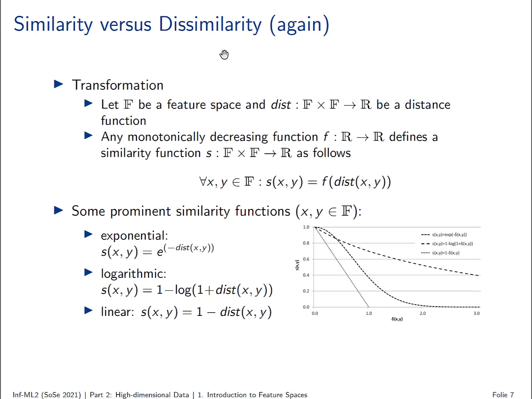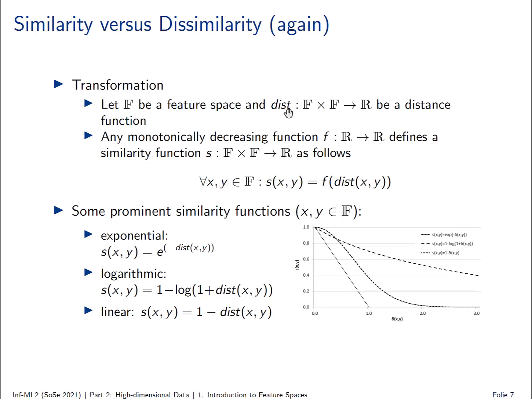And the question is, can we transform each into the other? We can do that with a monotonically decreasing function f, which lets us define a similarity function out of a distance function.